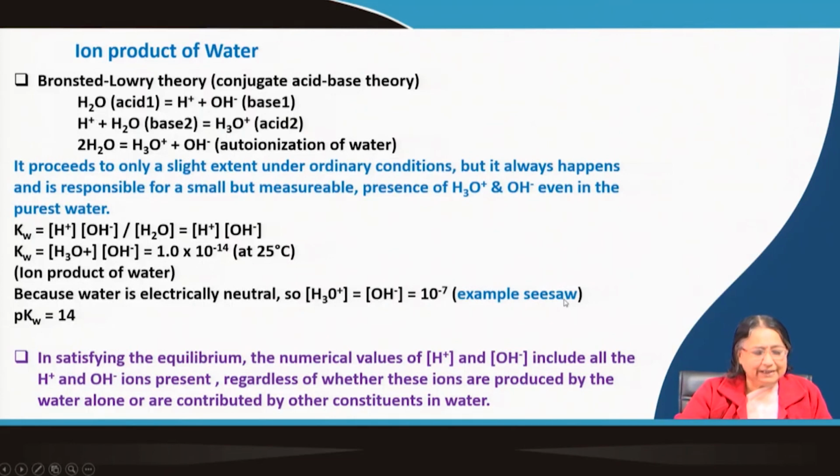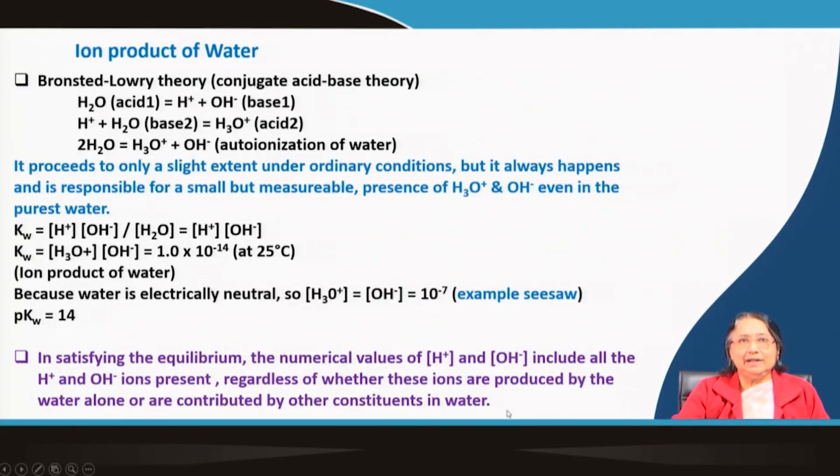So, in satisfying the equilibrium, the numerical values of H plus and OH minus ion concentrations include all the H plus and OH minus ions present. It is true not only for water, but if something is there in the water, then also we must remember that the product of H plus ion concentration and OH minus ion concentration will be 10 to the power minus 14.